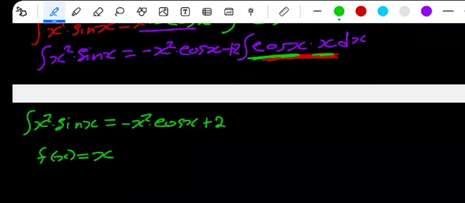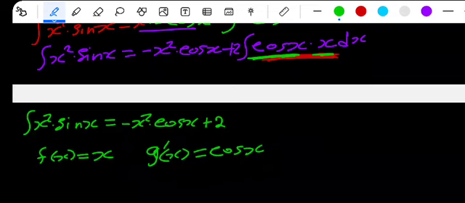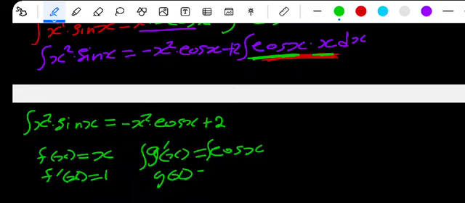Then I let g prime of x be equal to cos x. Then f prime of x will be 1. Then we integrate both sides, and g of x will be positive sine x.